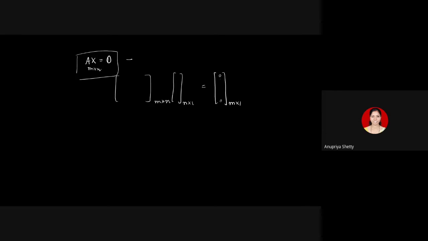One solution. We will find out other solutions also. Ax equal to 0. So what are you looking at? Given a matrix A, you are looking for some column X with n entries, which multiplied with A should give you a 0 column. So I've made it clear. So what column can I take so that the resulting product will always be 0?